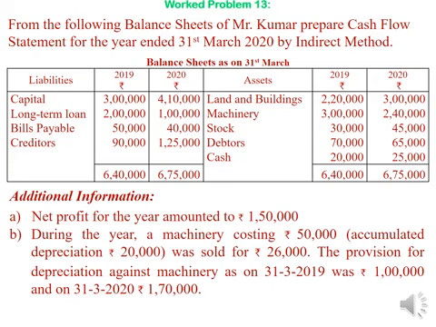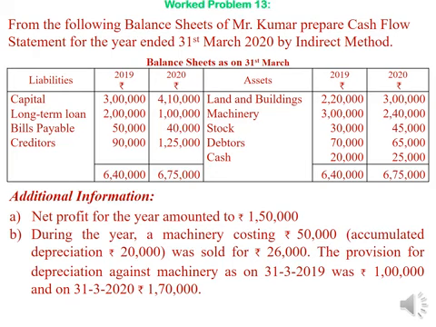We have to reconcile the reasons for that 5,000 change in cash balance by preparing the cash flow statement. During the year, a machinery costing 50,000, accumulated depreciation on that machinery rupees 20,000, was sold for rupees 26,000. That means 30,000 written down value machinery was sold for 26,000. It leads to 4,000 rupees loss on that sale.